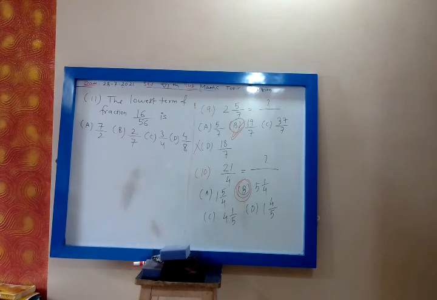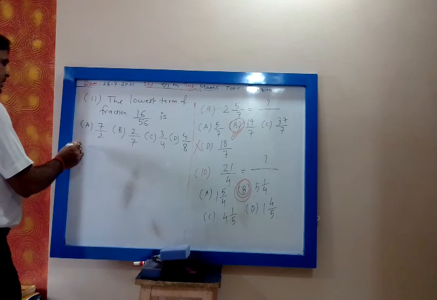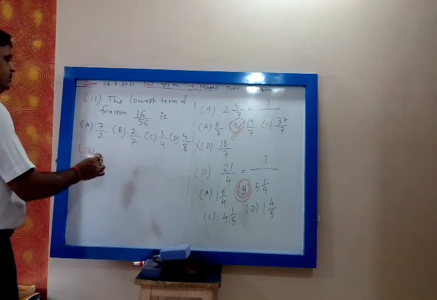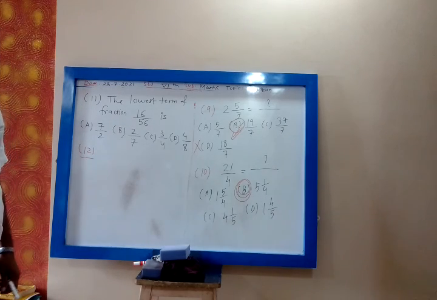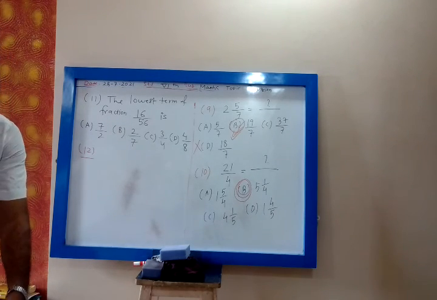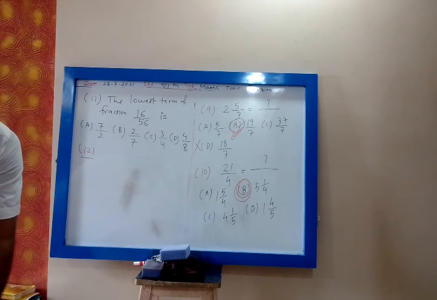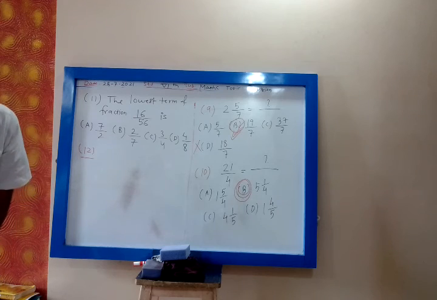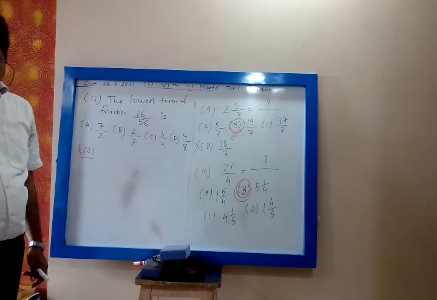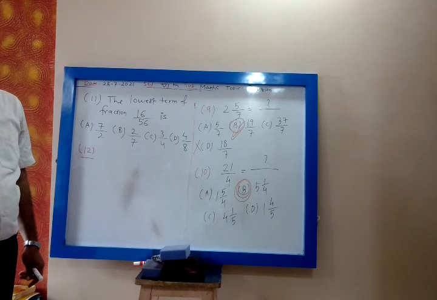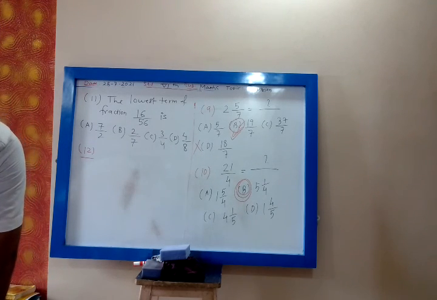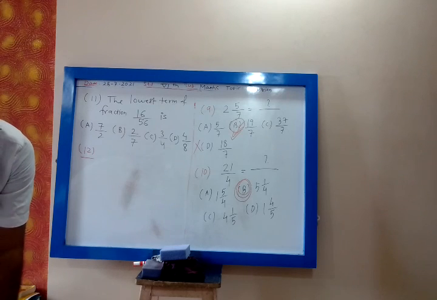The lowest term of the fraction is, how do you find the lowest term? You have to cancel the common factor of numerator and denominator. Cancel the common factor of numerator and denominator, you will get lowest term. Okay, so do it.